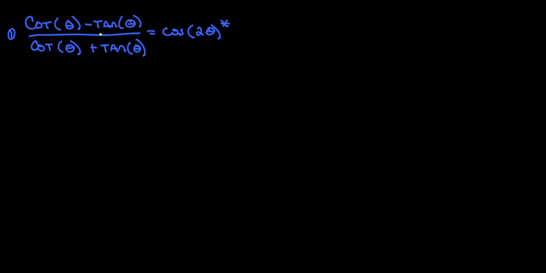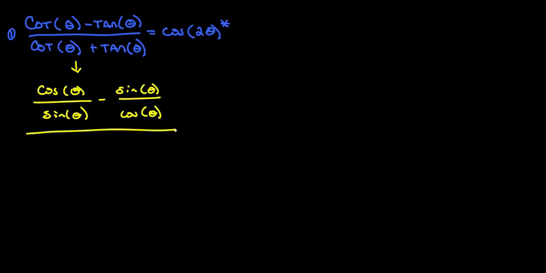If I was going to attempt this, I would probably switch everything to sine and cosine. So what I would do is cosine theta over sine theta minus sine theta over cosine theta, and that whole thing is going to be divided by cosine theta over sine theta plus sine theta over cosine theta, like that.